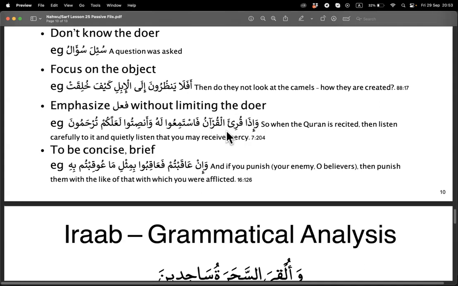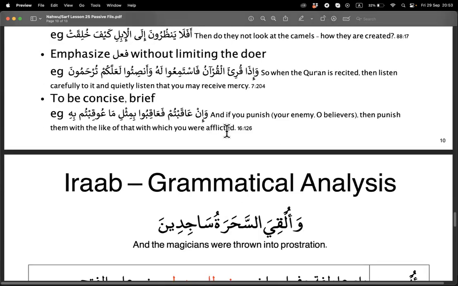And the last one is to be concise and brief. Where's our fi'il here? Aqibu is a normal fi'il. Fa'aqibu is the amr. Oh, sorry, it's uqibtum.